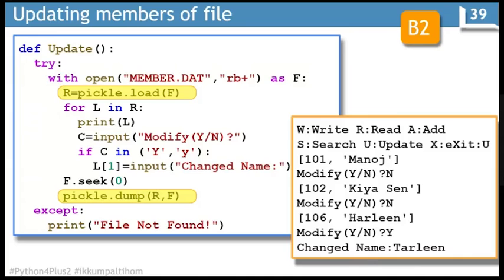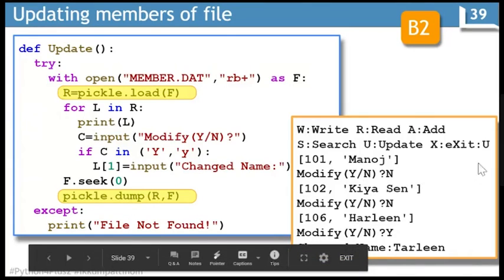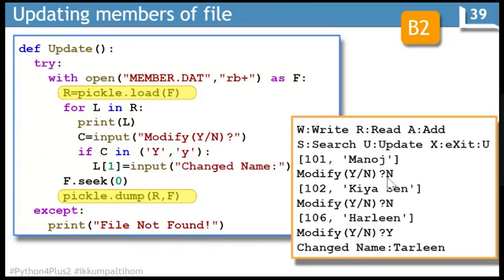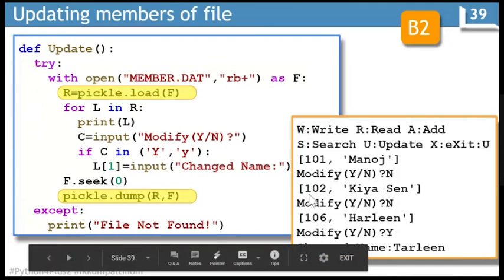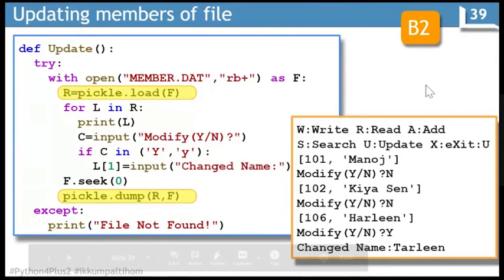So you can see here, when you click on U, it is displaying 101 Manoj. If you say no, it will move to the next, 102 Kia Sen. You say no, it is displaying 106 Harleen. If you say yes, it will ask for new name, and new name you have entered as Darlene.